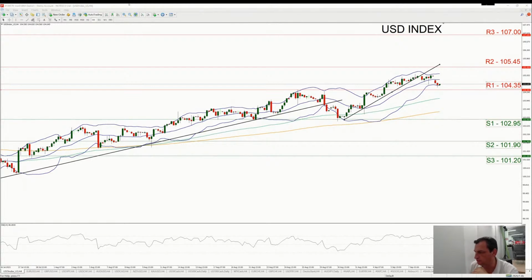Now, before we proceed with any further indications about the movement, allow me to switch the role of the 104.35 from a resistance line to a support line.